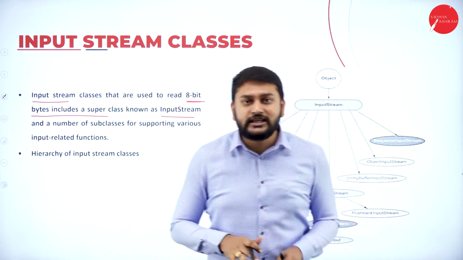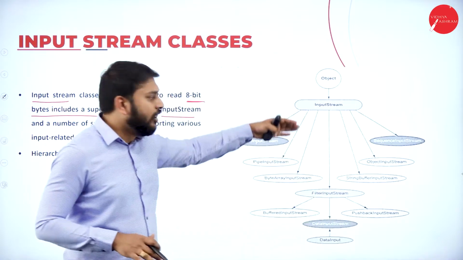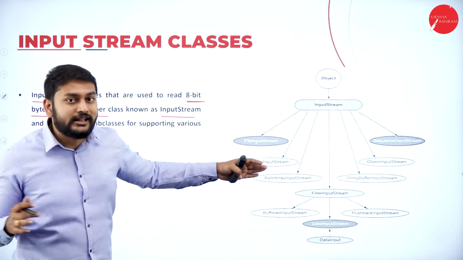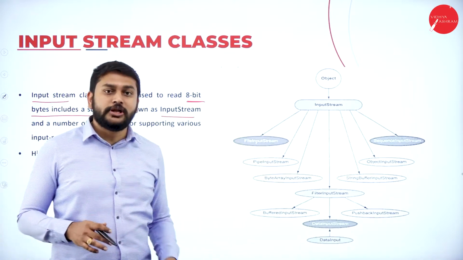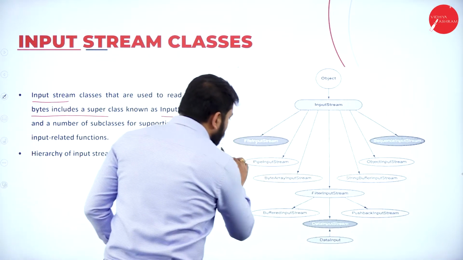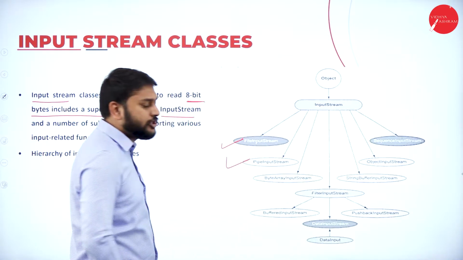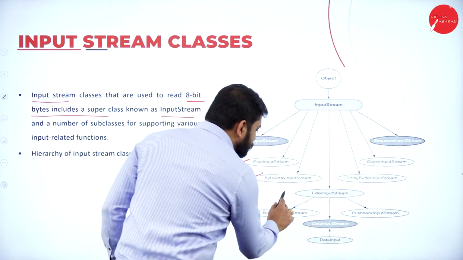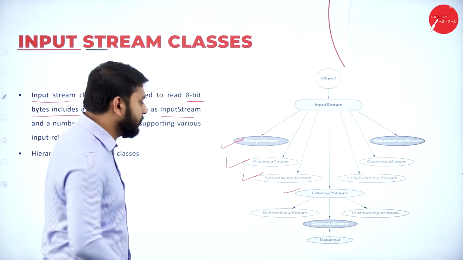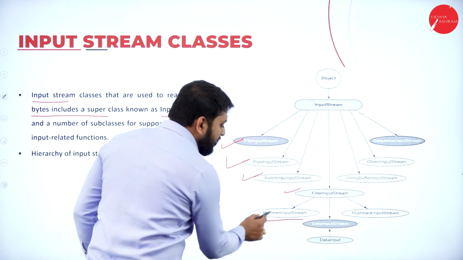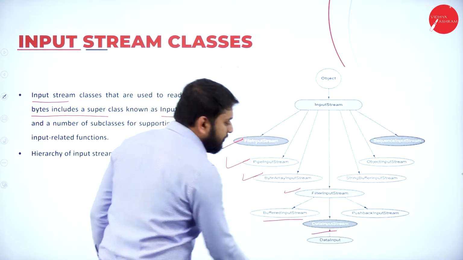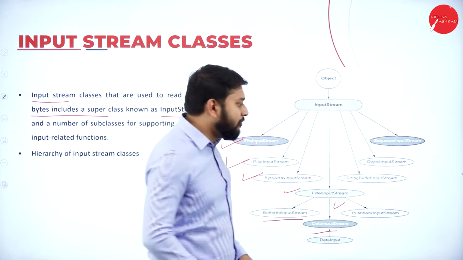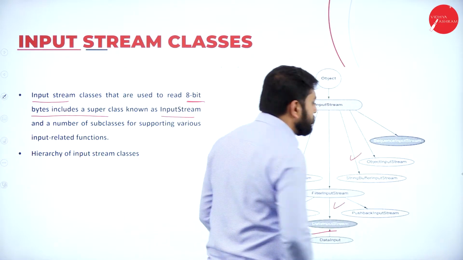class. And please understand the hierarchy of input stream here. What exactly do I have with respect to the input stream? I have file input stream, pipe input stream, byte array input stream, and filter input stream. When it comes to the filter, I have buffered input stream, data input stream, pushback input stream, string buffer input stream, and also object input stream.